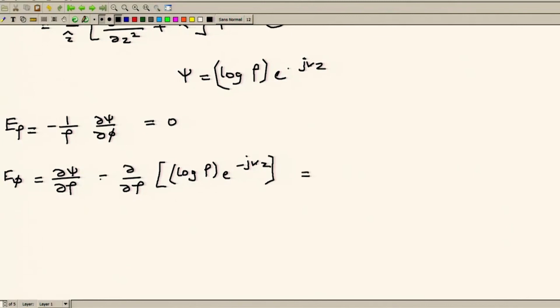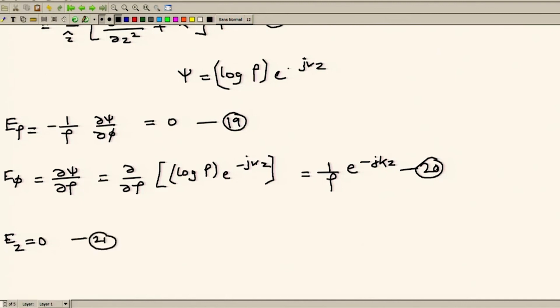So, del rho of log rho will be 1 upon rho e to the power minus j k z, and then we had Ez as 0. So, let us denote these as equations 19, 20 and 21.